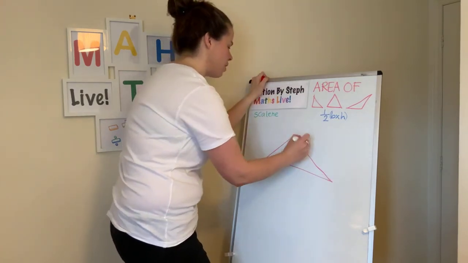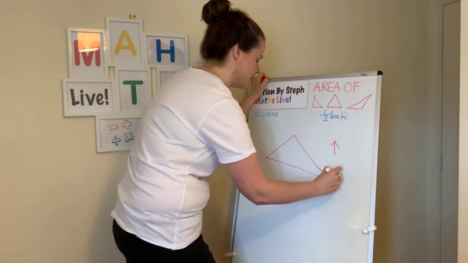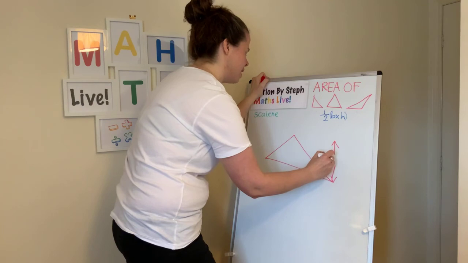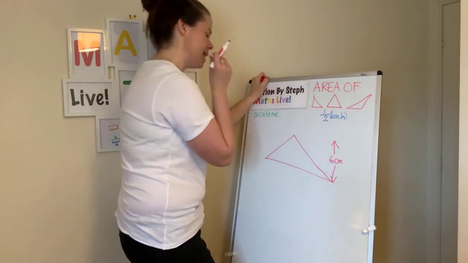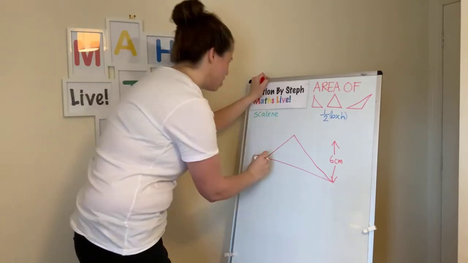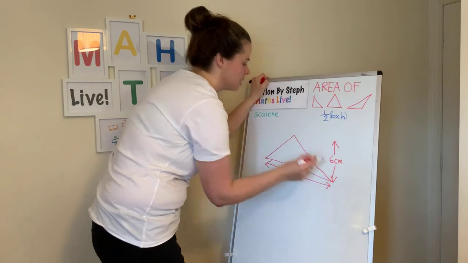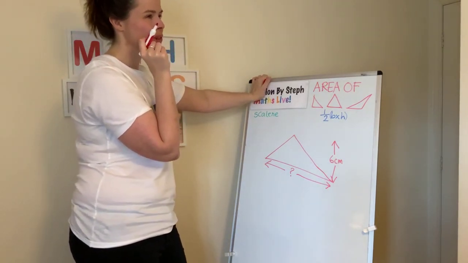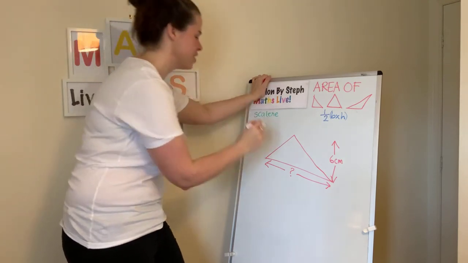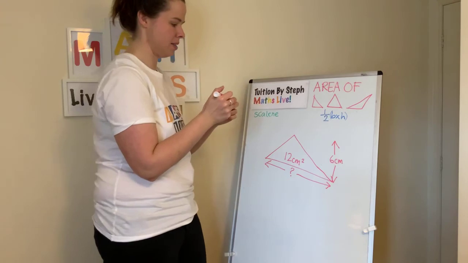Okay, so if I tell you that the height here is, say, 6 centimetres, and we don't know the bottom, and the area is 12 centimetres squared.